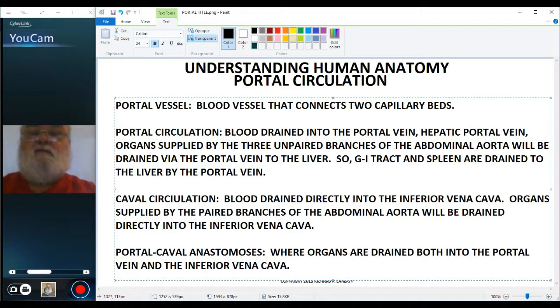And we will get areas where the vessels become dilated from all this extra blood. And so the portal caval anastomoses connect the portal and caval circulations.